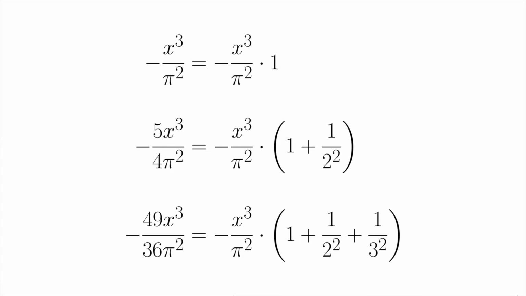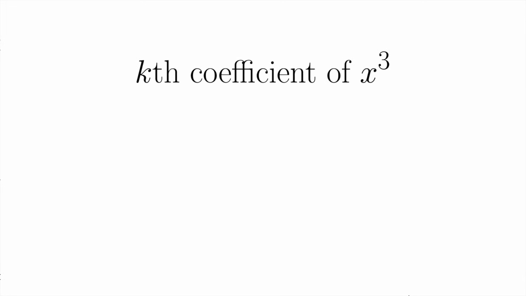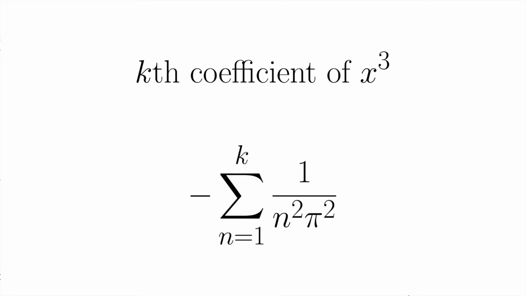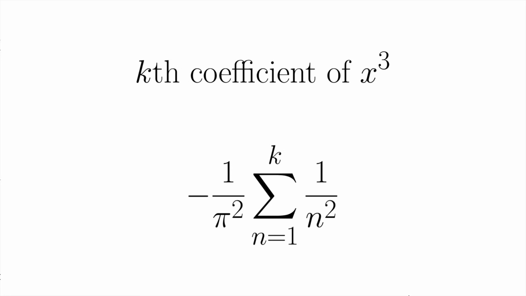Indeed, if you think about where this is coming from, I think you can convince yourself that the coefficient of x cubed on the kth line will be exactly negative the sum as n goes from 1 to k of 1 over n squared times pi squared. Which, just to make the connection of this to the Basel problem clear, is the same thing as minus 1 over pi squared times the sum as n goes from 1 to k of 1 over n squared.